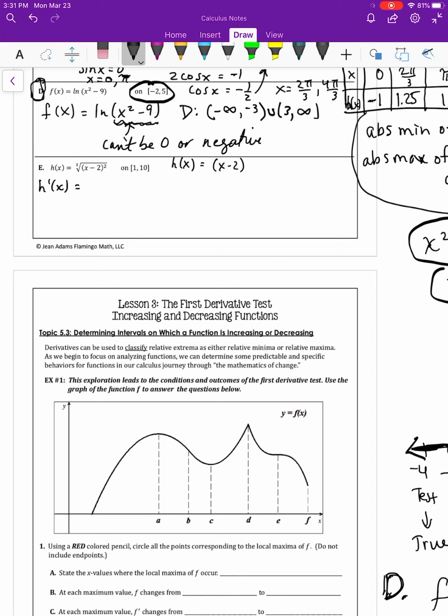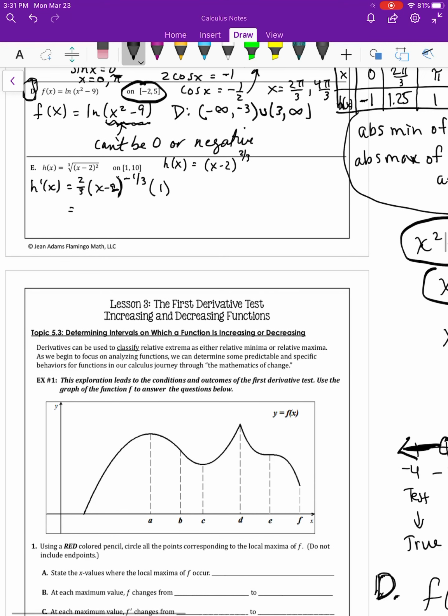And actually, you'd be thinking of this as x minus 2 to the 2/3 power. So when I take the derivative, I'd bring the 2/3 down times x minus 2 to the 2/3 minus 3/3. So that would be to the negative 1/3, and then times the derivative of x minus 2. Well, that derivative's just 1.